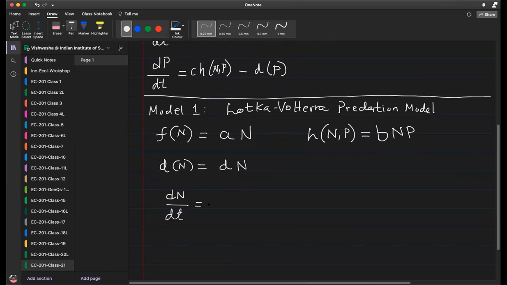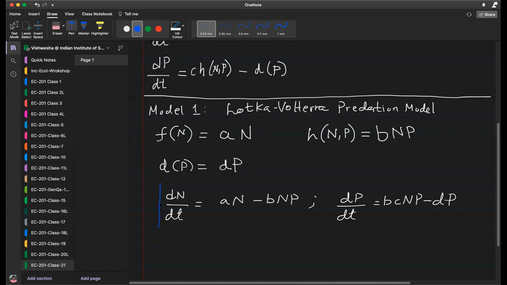This will lead to something like this: a n minus b n p, and c b n p minus d of p. Sorry, this d is a function of p again. So this is called the Lotka-Volterra predation model.